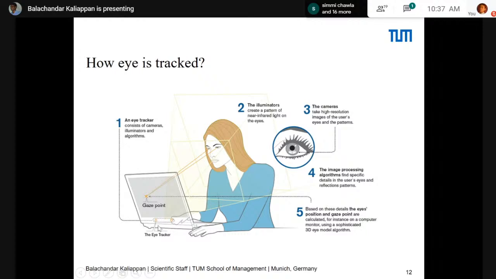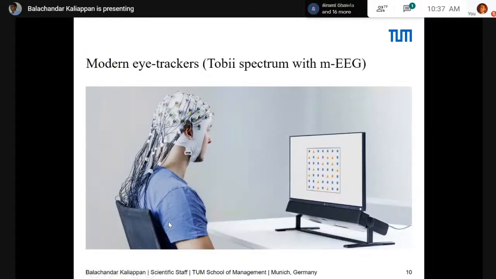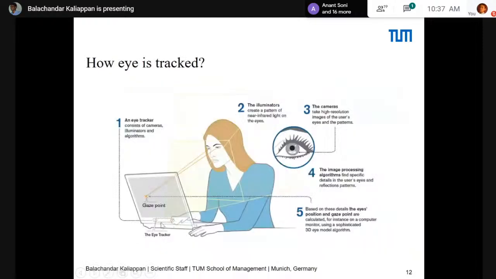Here you can see there's an eye tracker, similar to the ones that I showed here, right? This eye tracker will capture the movement of the eye. What it does is emit infrared light to the eyes, and this infrared light will produce some sort of pattern on your eyes.